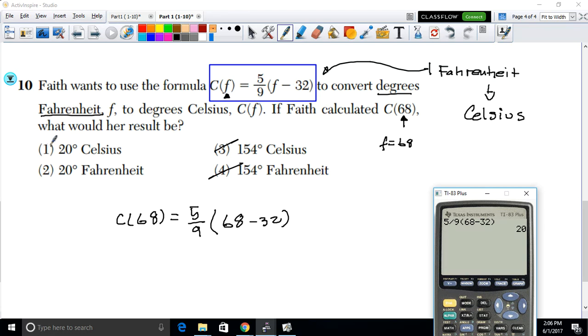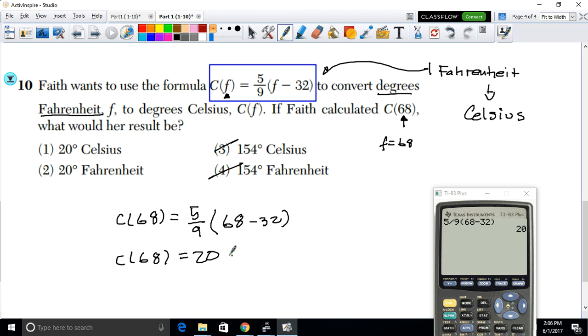So which one is it going to be, the first or the second? Well, we have to see what this result means. C of 68 is equal to 20. We know that our formula, if we plug in a Fahrenheit, will give you Celsius.